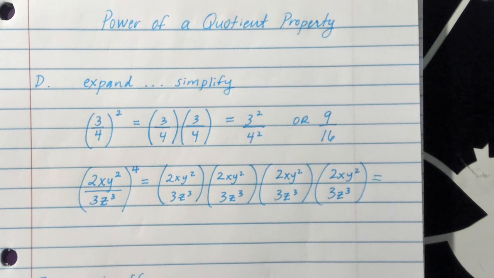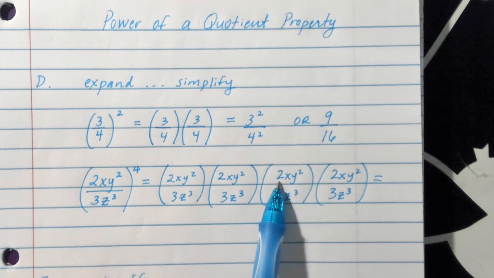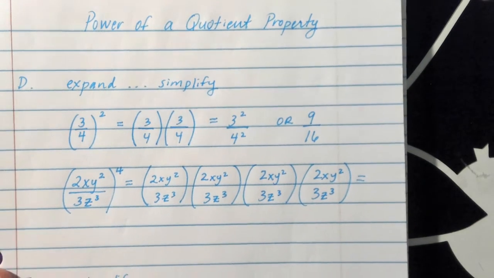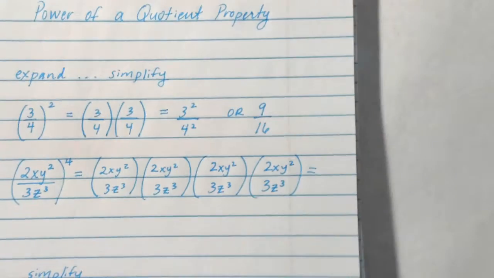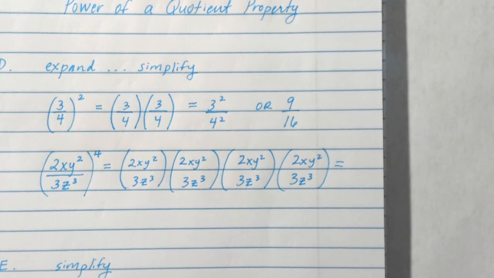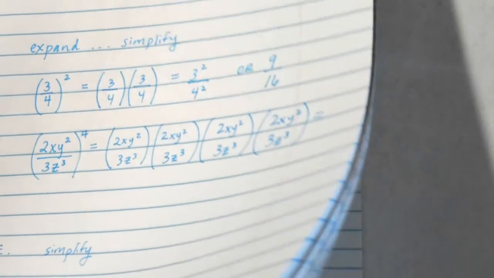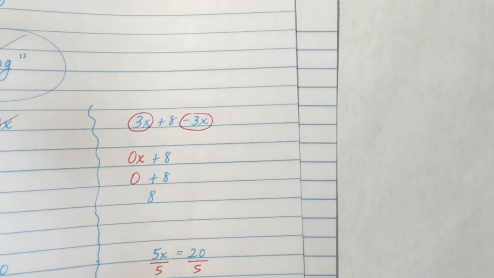We're going to treat each piece separately. So 2 times 2 times 2 times 2 is 2 to the... Yeah, I'm out of room. Sorry guys. Give me a second. Okay. Actually, I need lined paper, so you definitely want lined paper, I'm telling you.